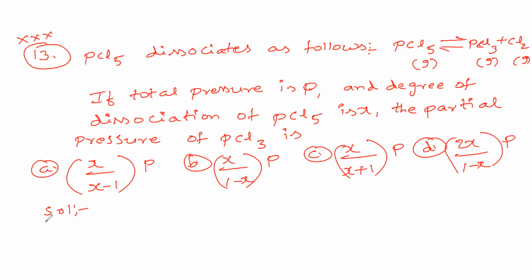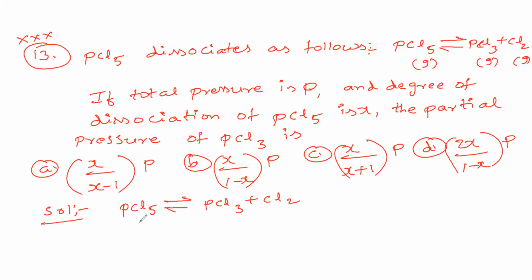So straight away you can see the solution now. They are not asking the Kp value, they are asking only the partial pressure of PCl3. Normally, after finding the partial pressures of PCl3, Cl2 and PCl5, we have to find Kp. But here they are asking only up to PCl3. So PCl5 gives rise to PCl3 plus Cl2.